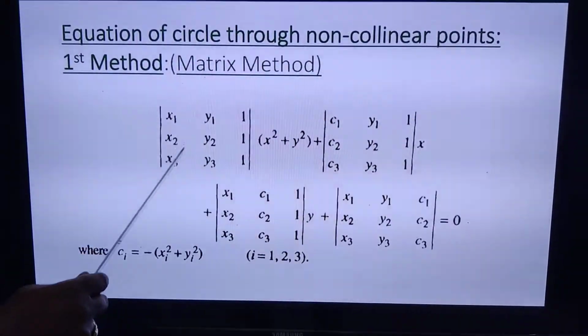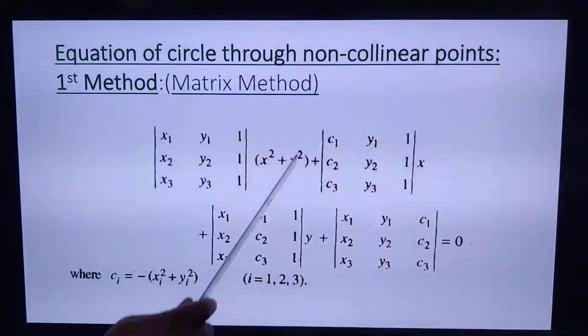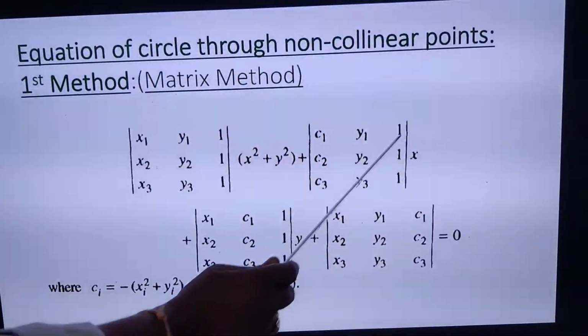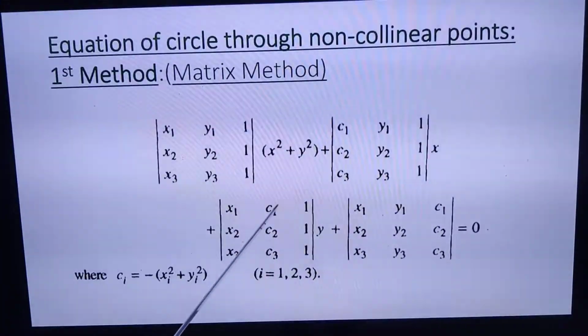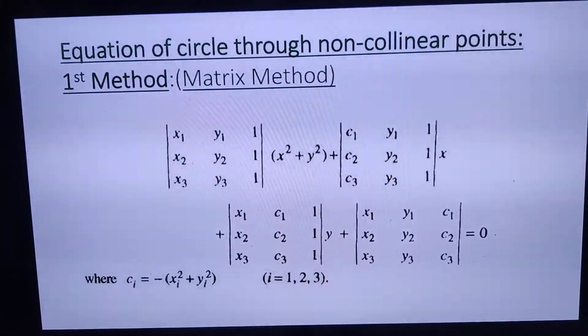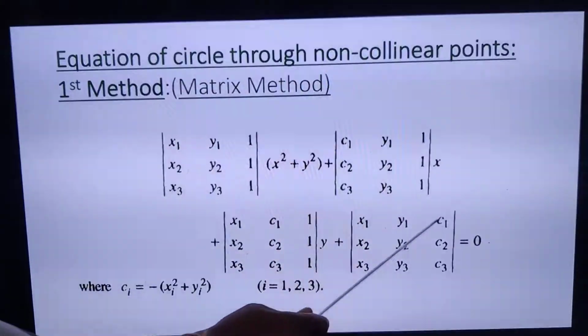The determinant of x1, x2, x3, y1, y2, y3, 1, 1, 1 into x square plus y square, plus the determinant with constants c1, c2, c3, y1, y2, y3, 1, 1, 1 into x, plus the determinant of x1, x2, x3, c1, c2, c3, 1, 1, 1 into y, plus the determinant of x1, x2, x3, y1, y2, y3, c1, c2, c3.